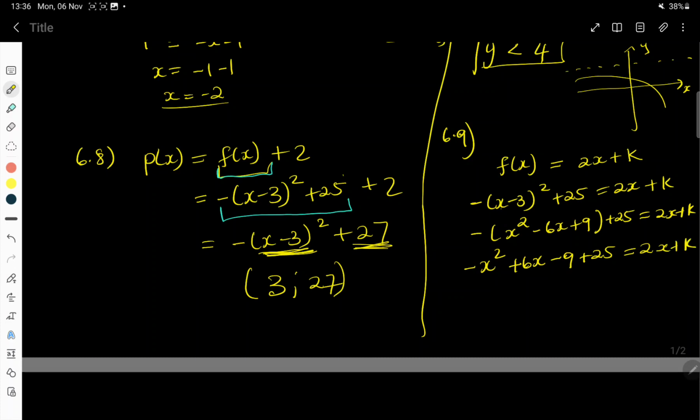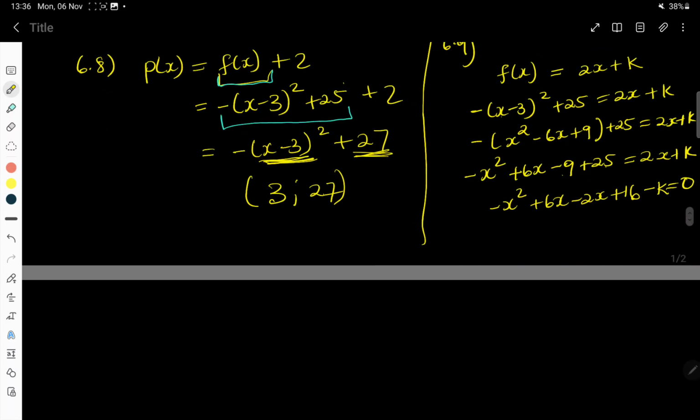Then you transpose, so it's going to be negative x squared plus 6x minus 2x. Negative 9 plus 25 is plus 16. Then minus k is equal to 0. Then group the like terms.